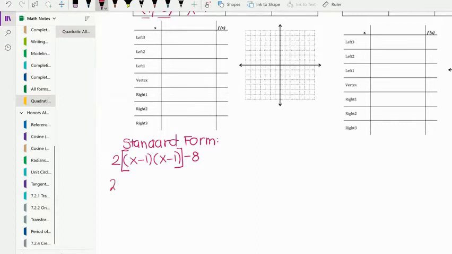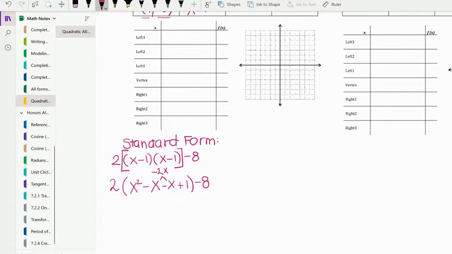So this will become 2 times parentheses. I'm going to use distributive property. So x times x is x squared. X times -1 is -x. -1 times x is -x. And -1 times -1 is +1. And then I have that all -8. So I know those two combine to make -2x. Now I'm going to go ahead and distribute the 2.